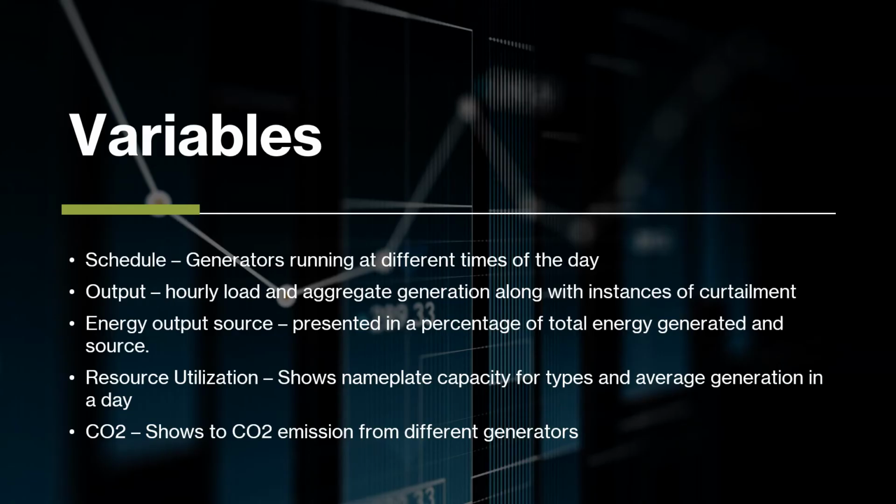Now we have the variables which the model produces, and these variables are represented in a graphical format. A schedule just shows the generators and what time they're running throughout the day.